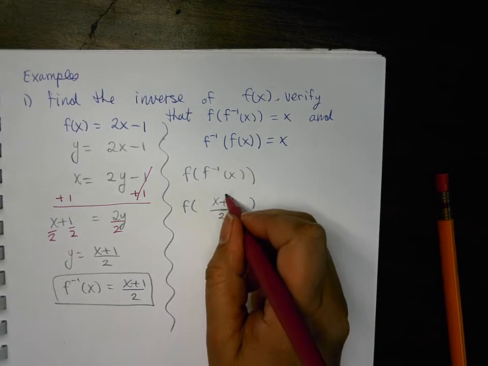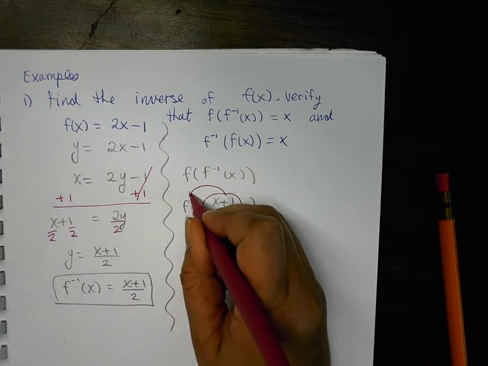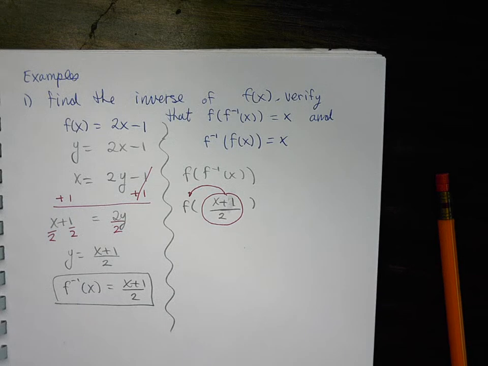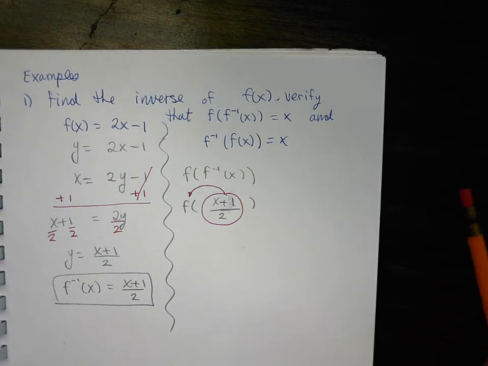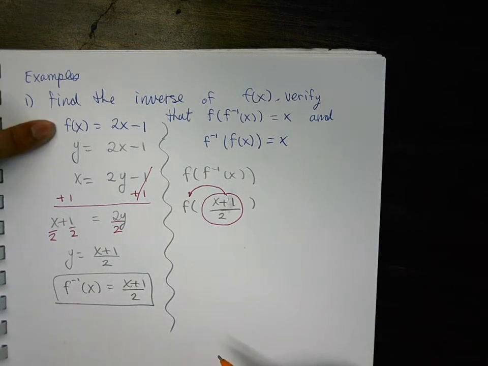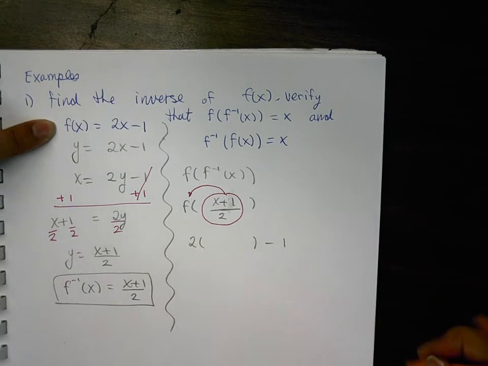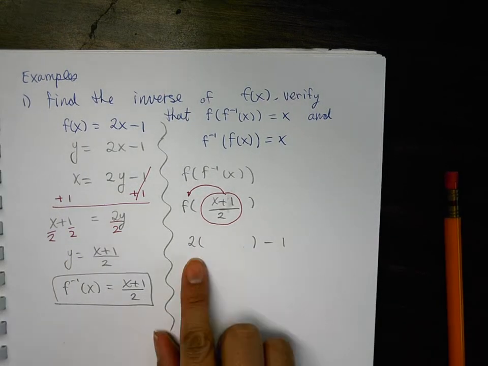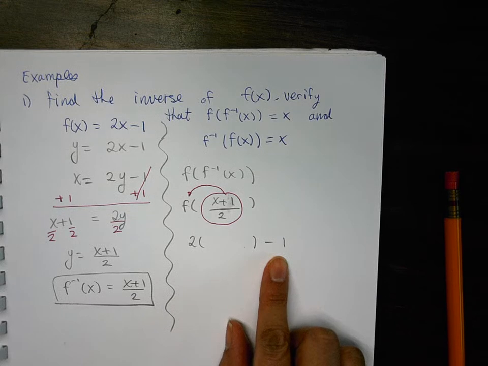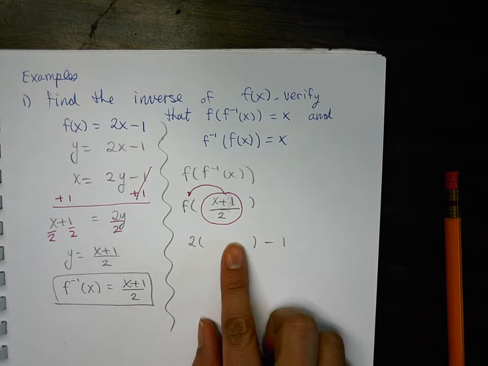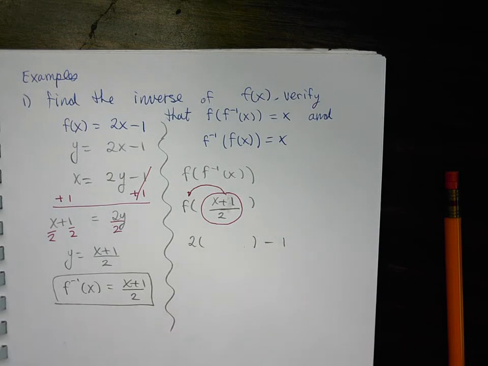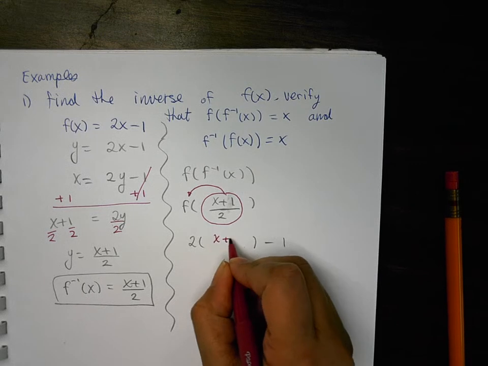And I'm going to take this f inverse function and I'm going to plug it into which function? The original. So you go to your original function, and you plug it in like so. 2 blank minus 1. 2 blank minus 1. What do I plug in the blank spot where the x used to be?